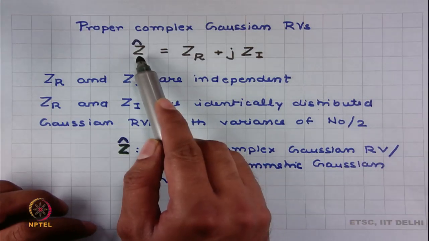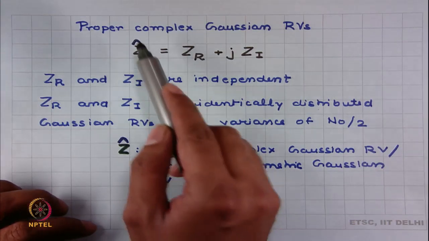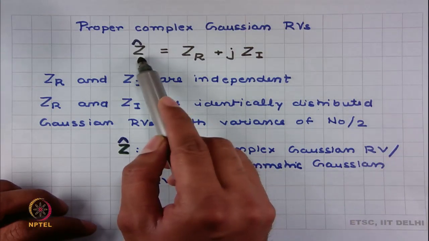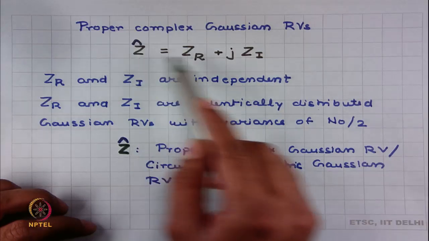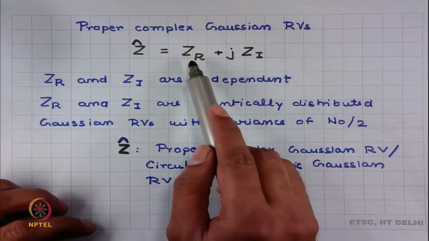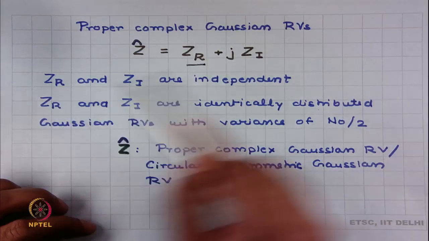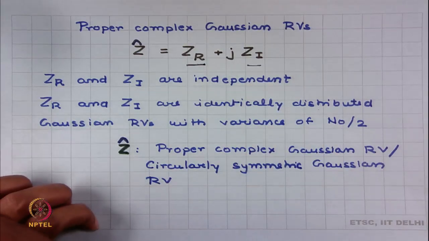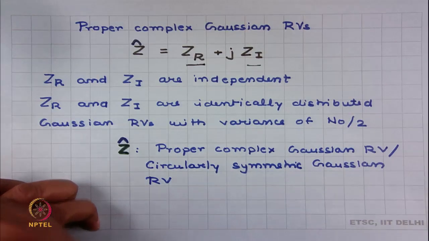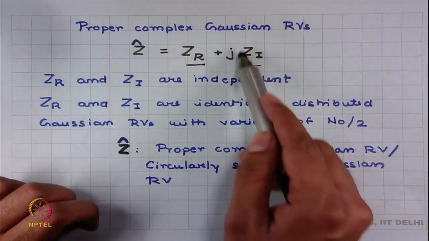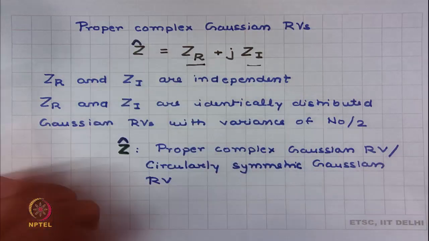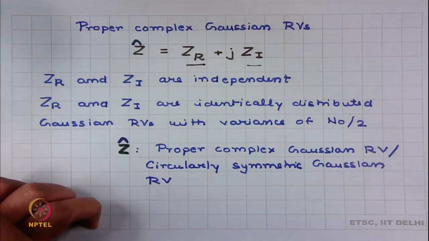So, let us assume that I have a random variable z cap, and this random variable is composed of two random variables. Zr is a real random variable and Zi denotes the imaginary random variable. That means that this is the imaginary part of this proper complex Gaussian random variable z cap.